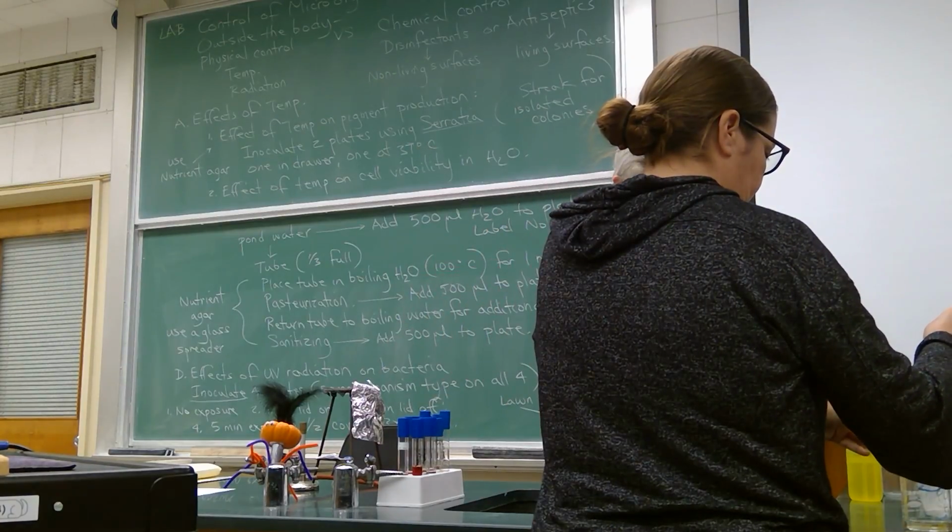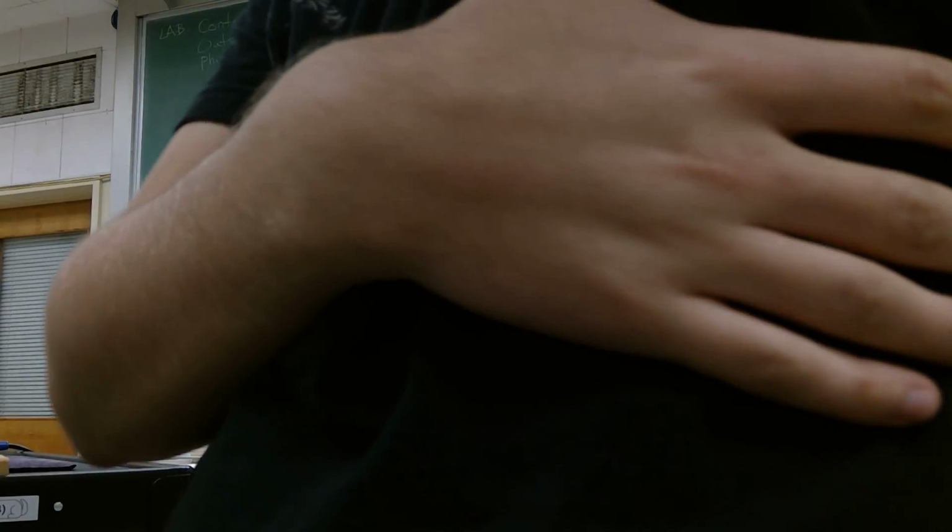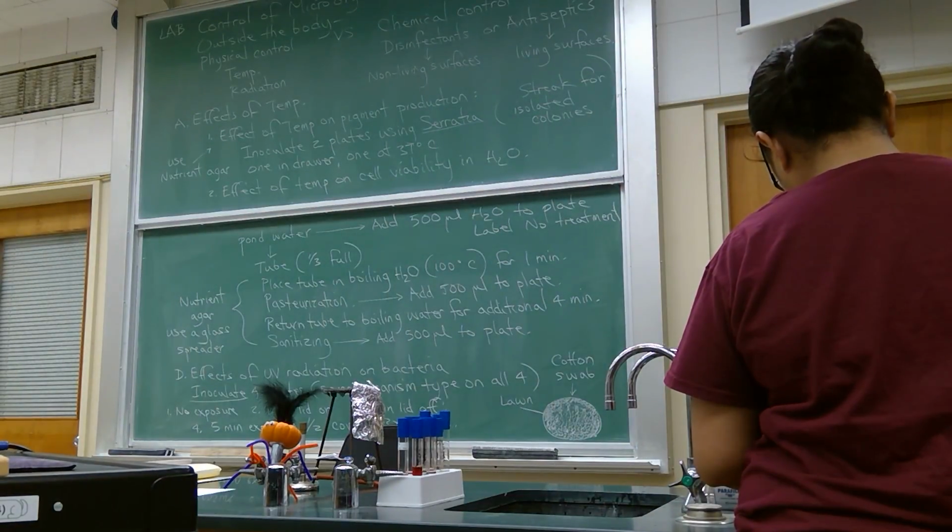Oh, that's for the UV. Yeah, the pond water. Yeah, we need like 3 for the first. I think those were the ones that, you inoculate those and then you put them under. Oh, so it makes sense.